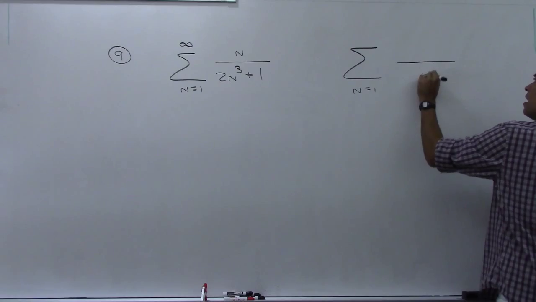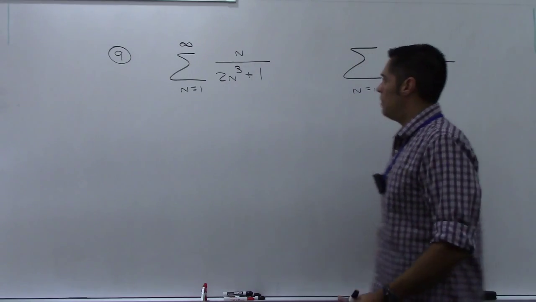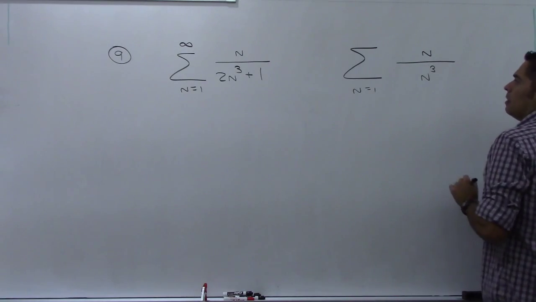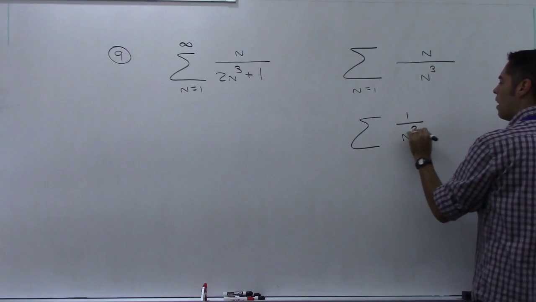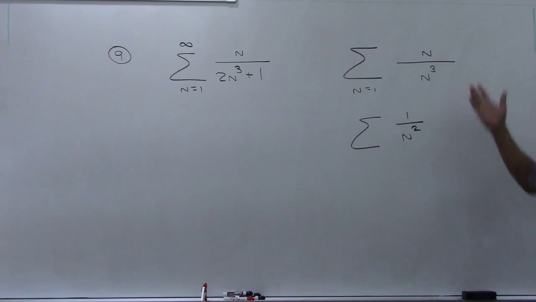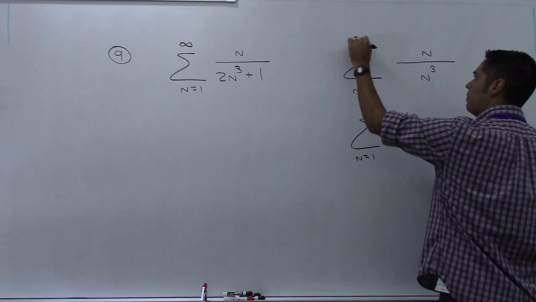The plus 1 and the times 2 don't really make a difference. And on the top, it just acts like n. So it looks like it's behaving like 1 over n squared, because n over n cubed is 1 over n squared. So perhaps this is what I should compare it to.